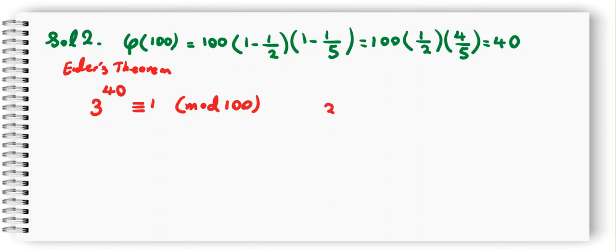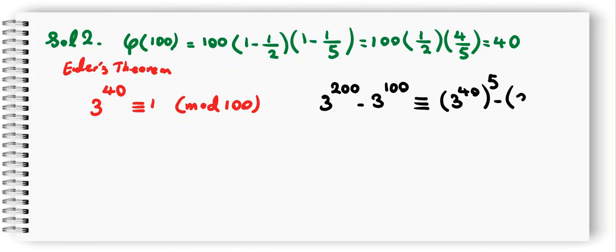Now we want to calculate 3 to the 200 minus 3 to the 100. If we consider mod 100, then the first one will be 1, because 3 to the 200 is 3 to the 40, to the 5, and 3 to the 100 is 3 to the 40 times 3 to the 20.